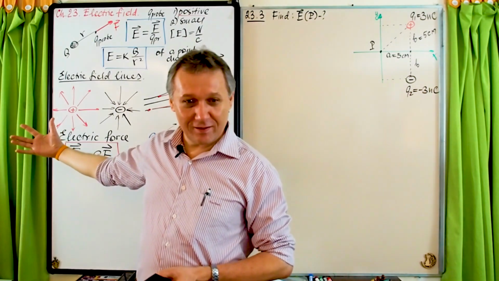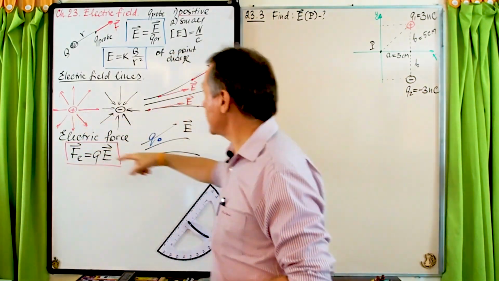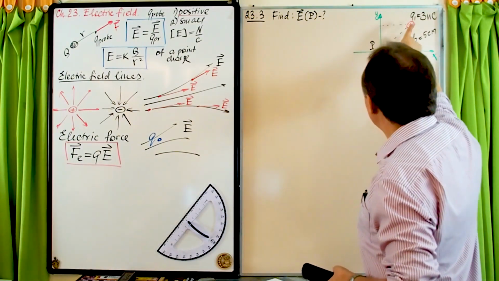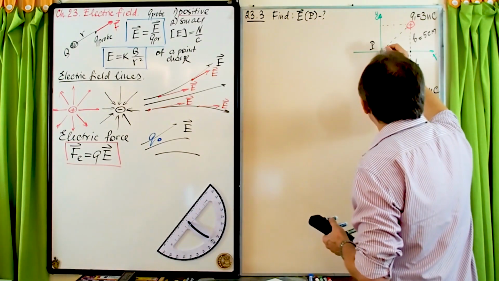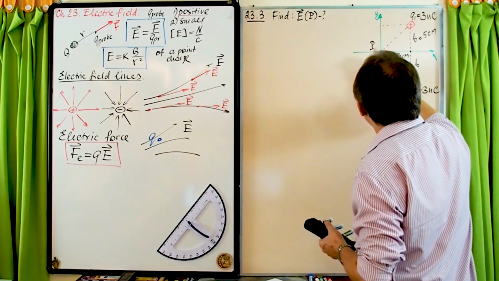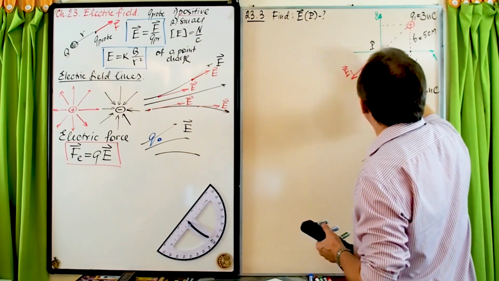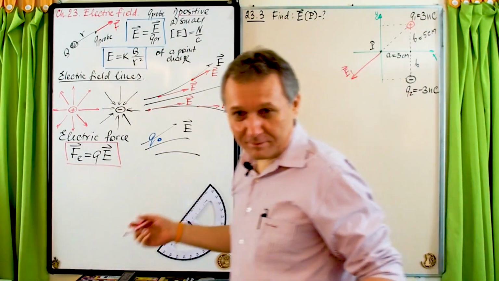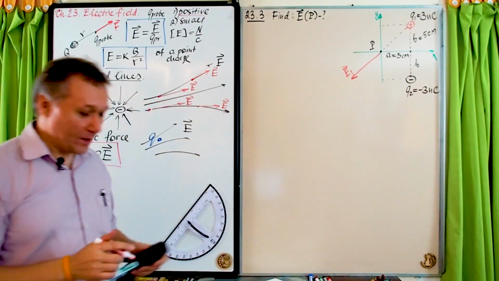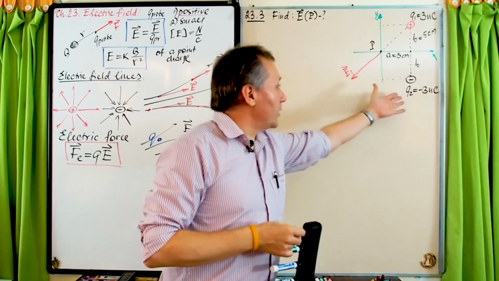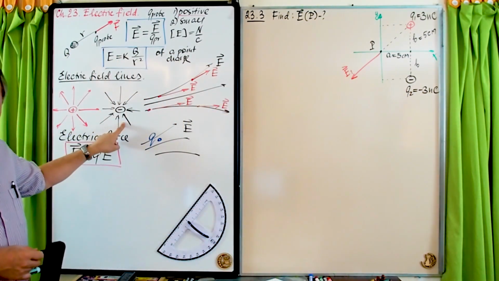So it means that at point P, the electric field created by a positive charge is going to point that way along the line connecting the charge and the point P. So this will be first electric field. Let me label it as E1 because this is charge Q1. Right? Again, it's just this.